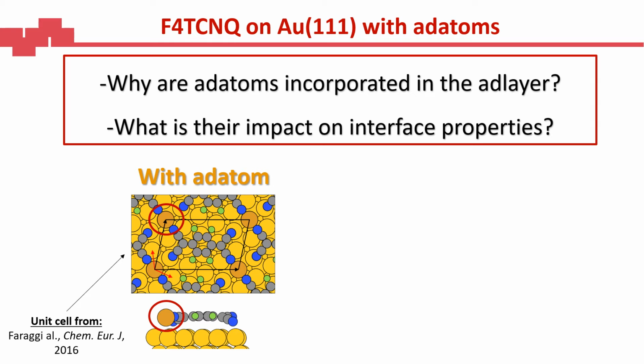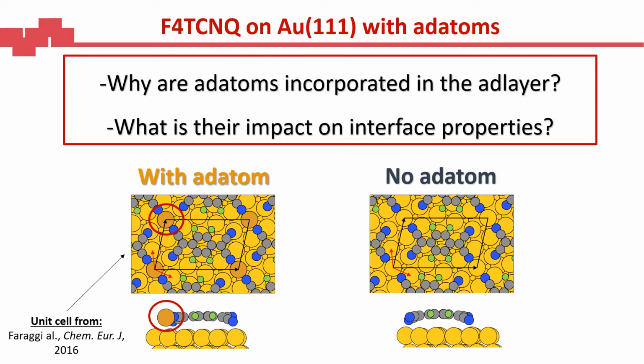And to answer this, we compared the experimentally very well-known system with adatoms to a system without adatoms, and we asked ourselves why the structure with adatoms is the physically stable one.